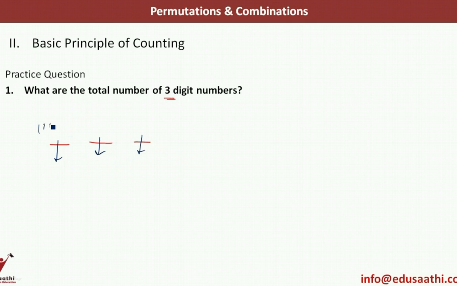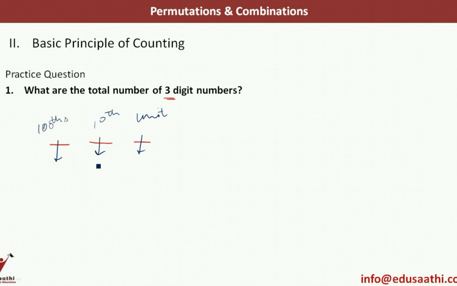So this is the hundreds place, this is the tens place, and this is the units place. Okay, so this is basic mathematics we did in class 4 or 5. So 3-digit numbers here. So now let's think of it from the perspective of the product rule and the or rule.